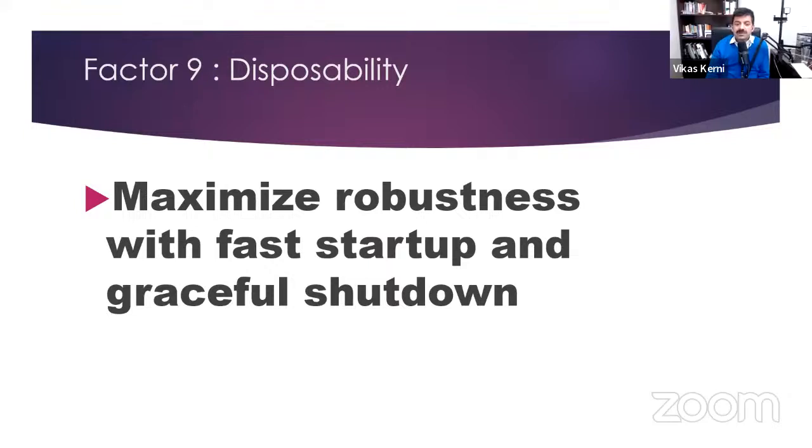Disposability: maximize robustness with fast startup and graceful shutdown. In the cloud environment, if you write some bad code, like a very bad background process which is reading log files and processing them, but it's not disposing those objects, not cleaning up, there's a memory leak.